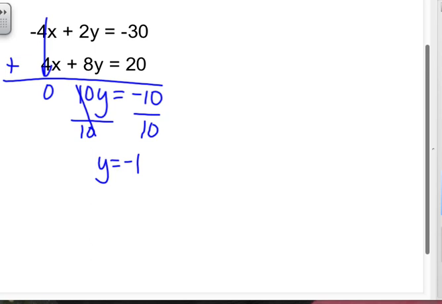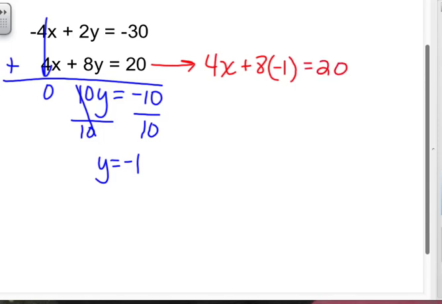So if y equals negative 1, you can go back to your 2 original equations and pick one. Pick either one, doesn't matter. Y is negative 1. Let's do this guy. I've got 4x plus 8 parenthesis y, which is negative 1, equals 20.